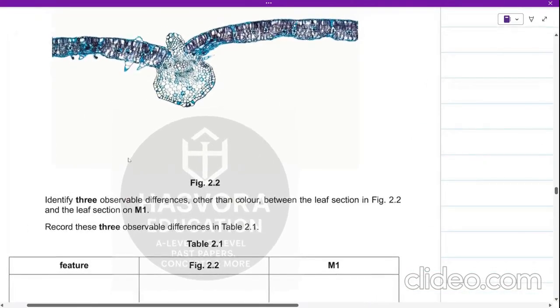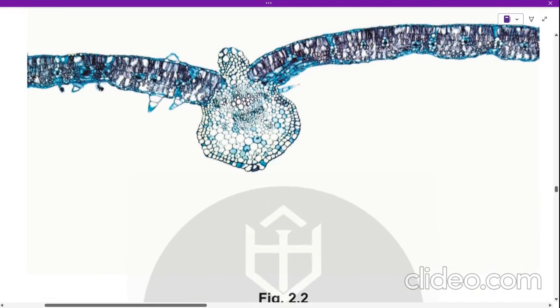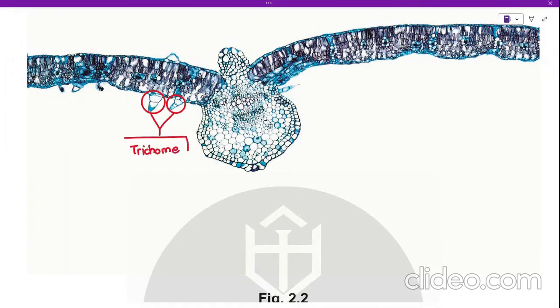Record these three observable features. So let me just discuss it first. You can see these protruding structures. These are the trichomes. They were not present in that dicot leaf. So the first one is the trichomes. This is one of the observable features.